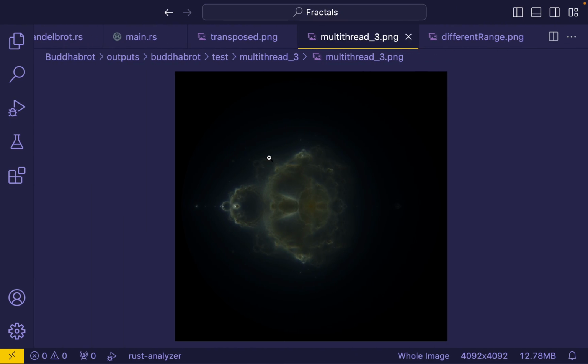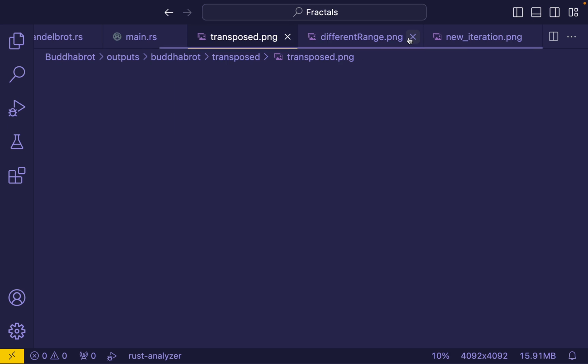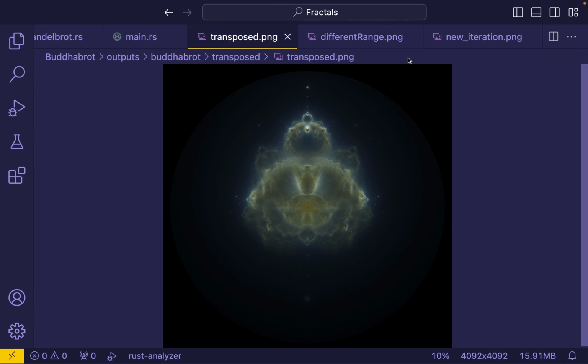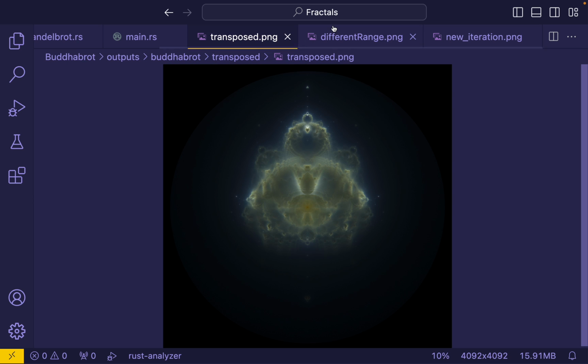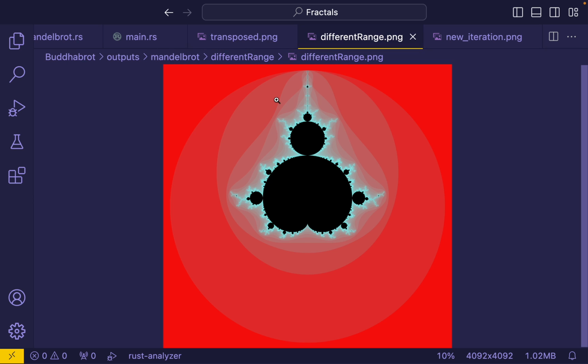So you can kind of see the similarities, and instead of moving the Buddhabrot, I'm just going to show an image where the Mandelbrot set is also shifted.